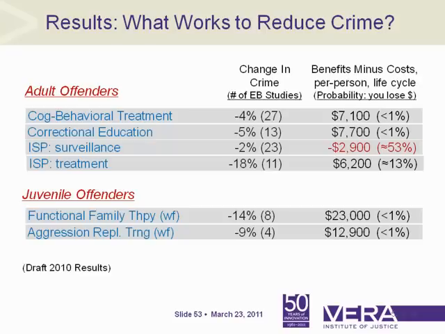Just to give you an example, there are a couple of other adult offender programs and juvenile offender programs up there. For intensive supervision, probation, and parole with just surveillance, not with treatment, you get a small effect size, minus 2%.